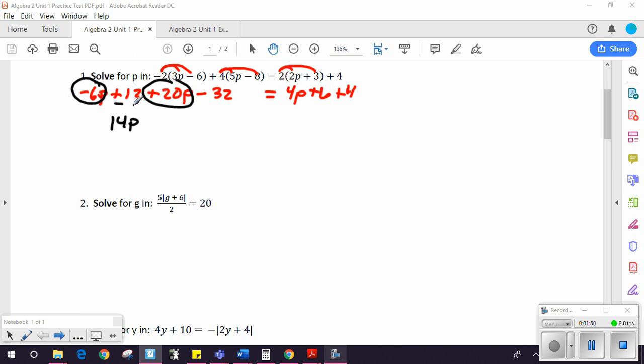I then want to combine 12 with -32 to get a -20. Bring down my equal sign. On this side, I want to combine 6 with 4, so bring 4p down, and then it's +10.